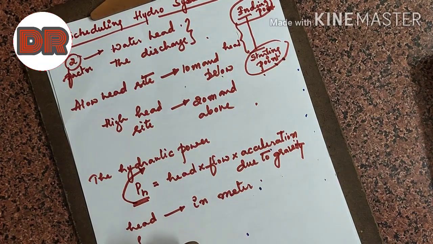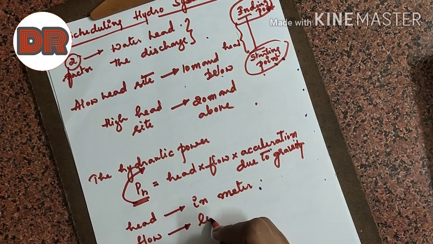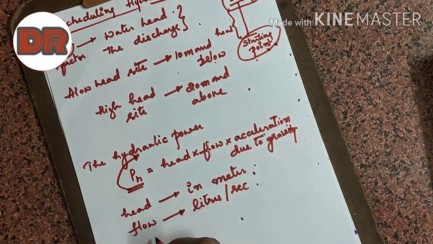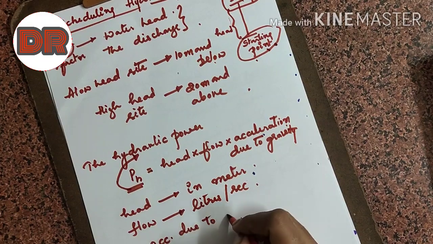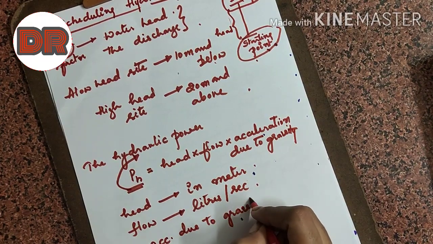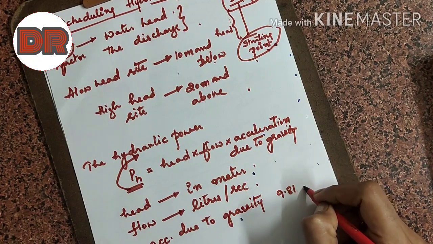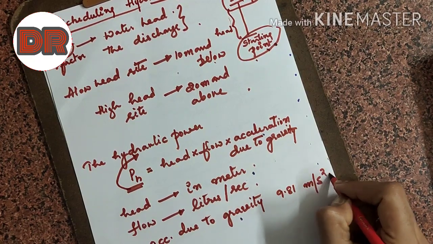Flow is the water flow, in liters per second, and acceleration due to gravity we take as 9.81, with unit meter per second square.